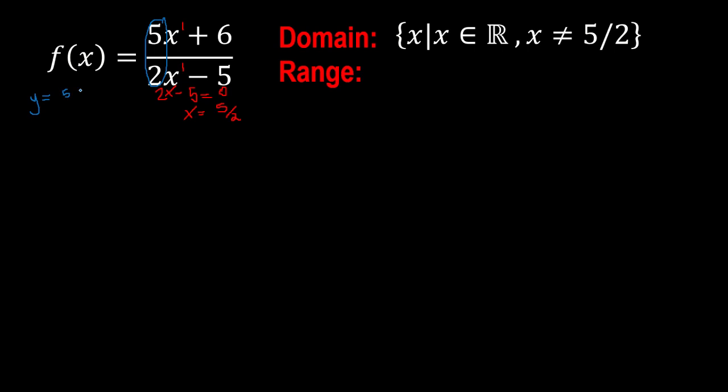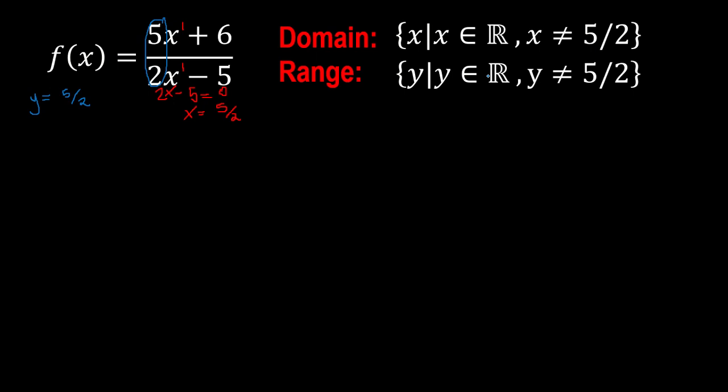As you notice, if you graph the rational function, the only value of y that is not included is the horizontal asymptote. So our range is y such that y is an element of all real numbers except 5 halves.